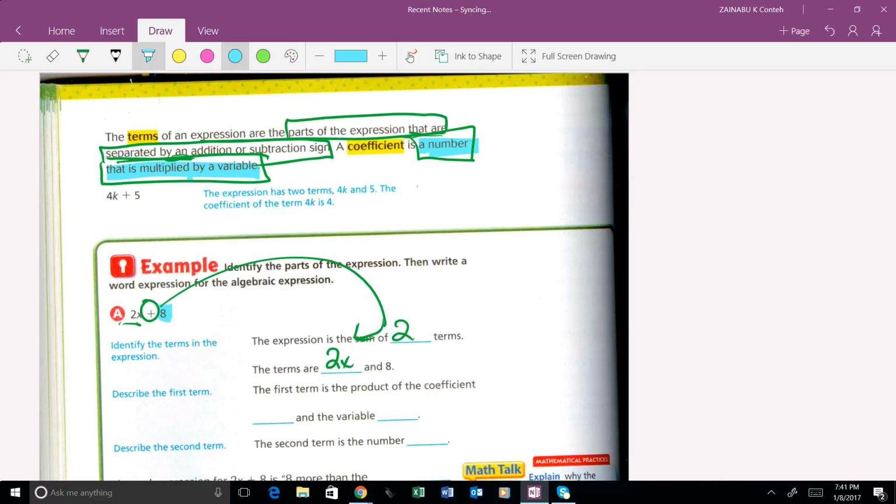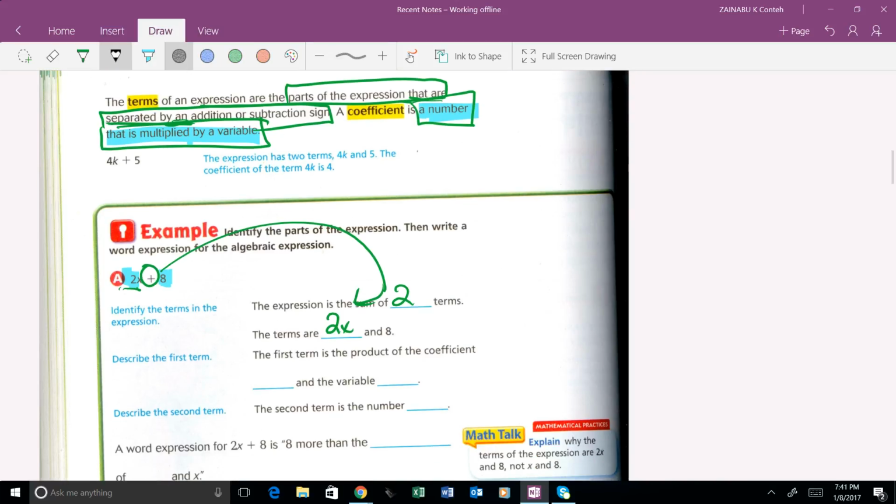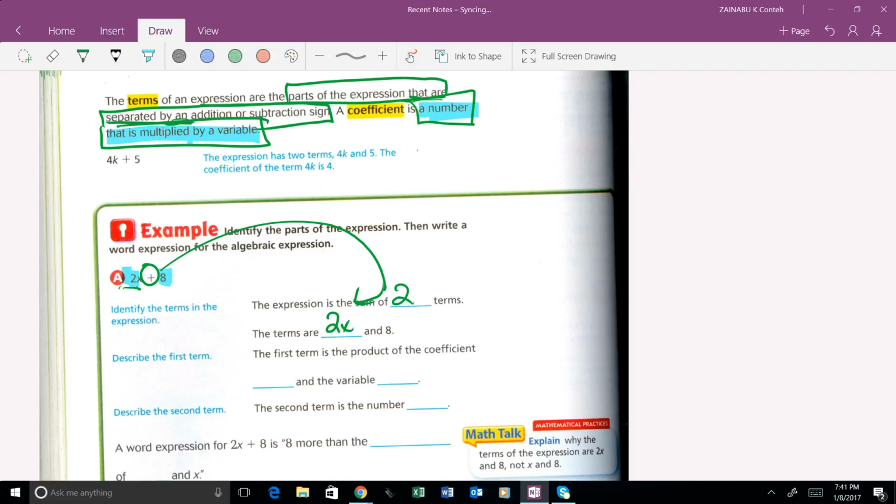So we've got two separate terms here. We've got 8 here as one term, and then we've got 2x, and then we've got the addition sign that separates the two. The first term is the product of the coefficient, one of our key terms, 2, and the variable x. And if you remember, coefficient is the number that's multiplied by the variable. So what number is multiplied by the variable when we look at 2x plus 8? 2.